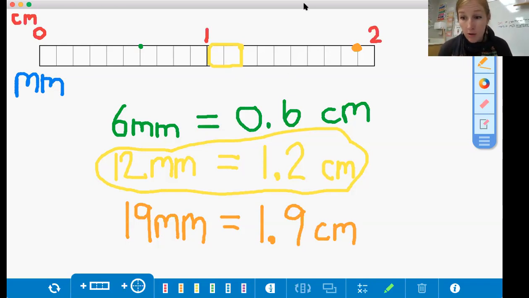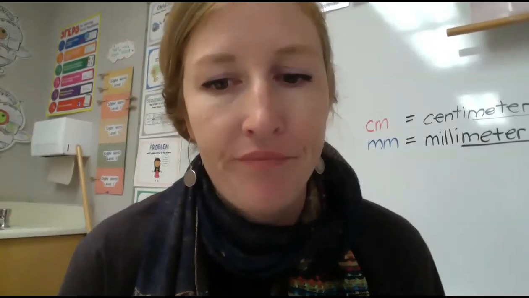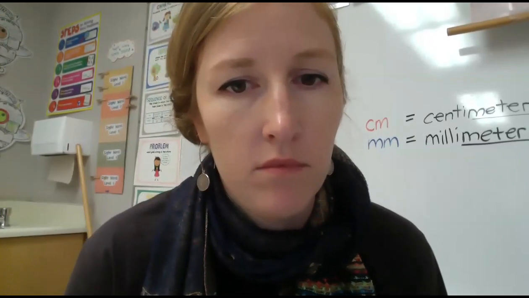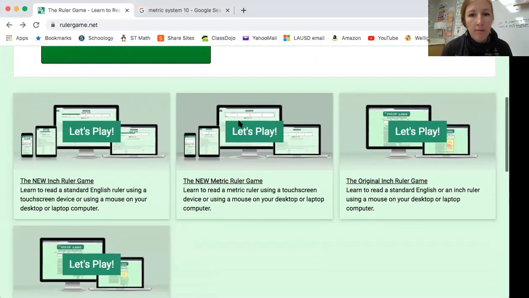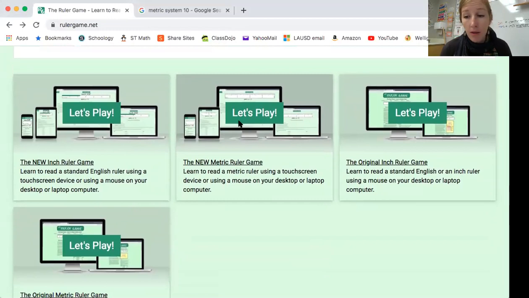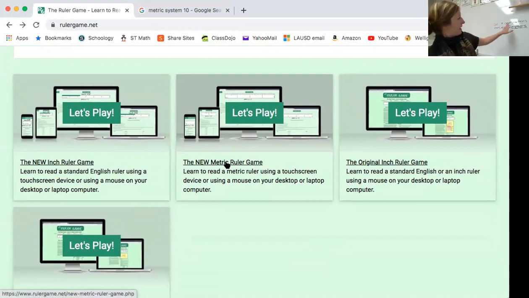So let's go ahead to our ruler game. Remember, this is rulergame.net. We've been playing on the inch ruler game. Today we are going to play on the metric ruler game. Remember, centimeters and millimeters are part of the metric system.